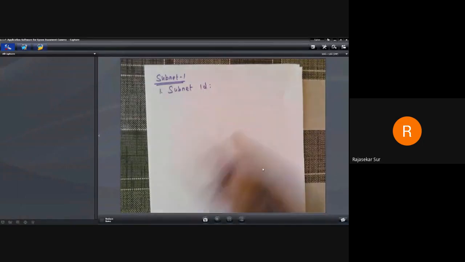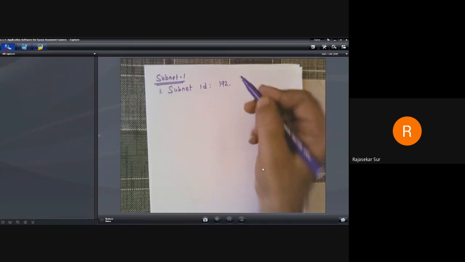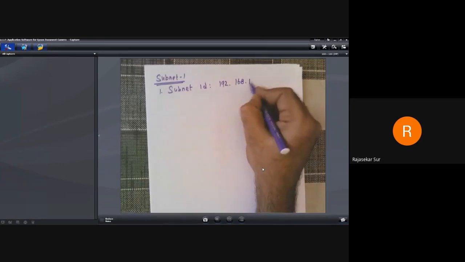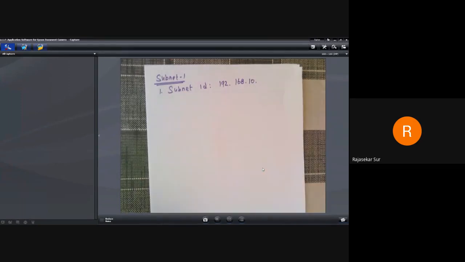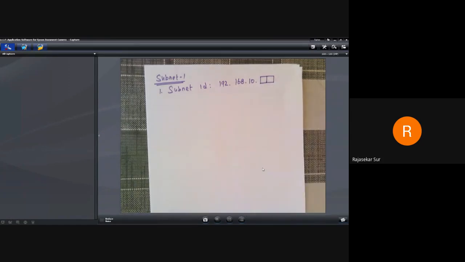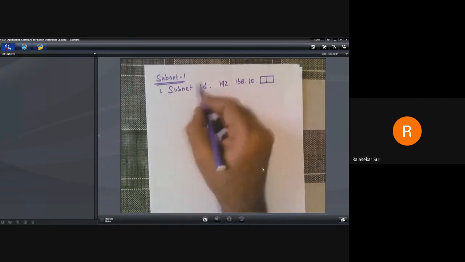What is the first position? The first position is 192. There is no change. The second position is 168. No change. The third octet is 10. There is no change. Here we borrowed 2 bits, because I'm taking only the network part. Now these 2 bits, this is subnet 1.